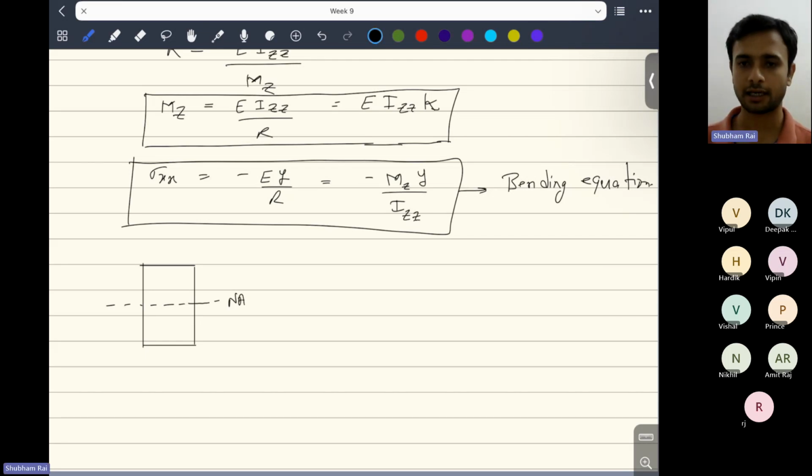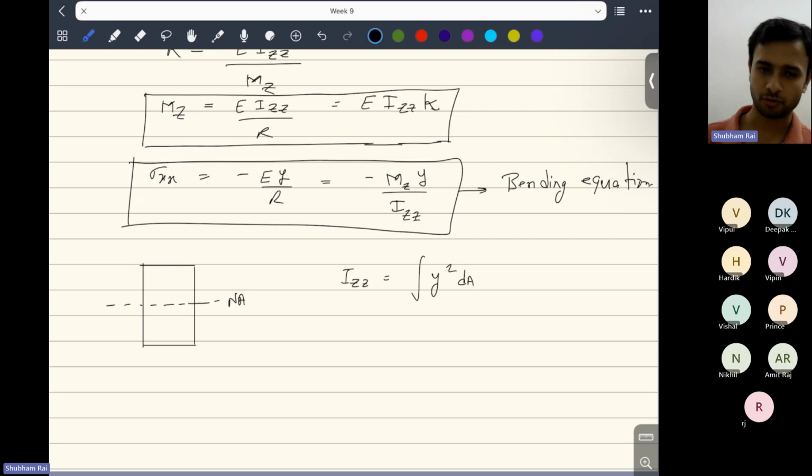And you want to calculate I ZZ about this axis. So the expression of second moment of area is integral of y square dA, and y will be the distance from the neutral axis. Actually, it will be the distance from the centroidal axis. But here we are assuming that the neutral axis is coinciding with the centroidal axis. I mean, we are not assuming it will coincide, because it is the case of symmetrical bending.